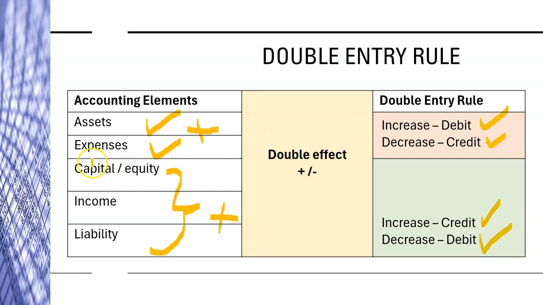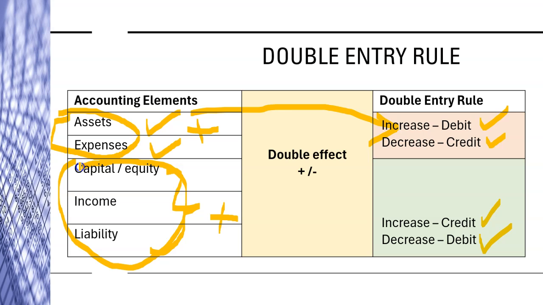So once again I will explain. Both asset and expenses increases, we call it debit. Capital, equity, liability increases, we call it credit. So the opposite here is credit and the opposite here is debit. That's basically the double entry principle.